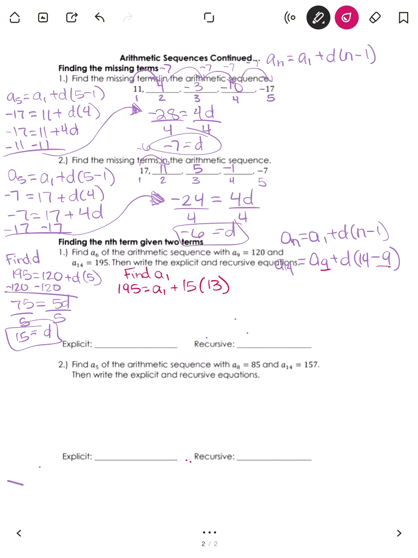Again, remember I changed those 9s back to 1. So I multiply 15 times 13 is 195. I subtract 195 from both sides. I get A sub 1 equals 0.